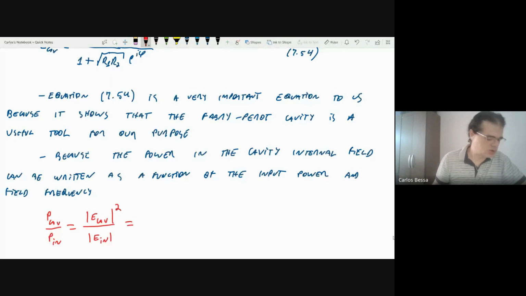So we just evaluate this expression here, 7.54: square root of 1 minus R1, E in, divided by 1 plus R1 R2 exponential i phi, and divide by this E in.